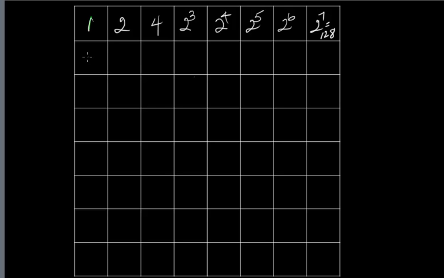Now, 2 to the 8th, 2 to the 9th, 2 to the 10th. But at some point here you think, well, do I really need to write in all of these numbers? 2 to the 10th is 1024, and by the time we get about over here, maybe the 14th box or so, the numbers are too big to write in the squares.